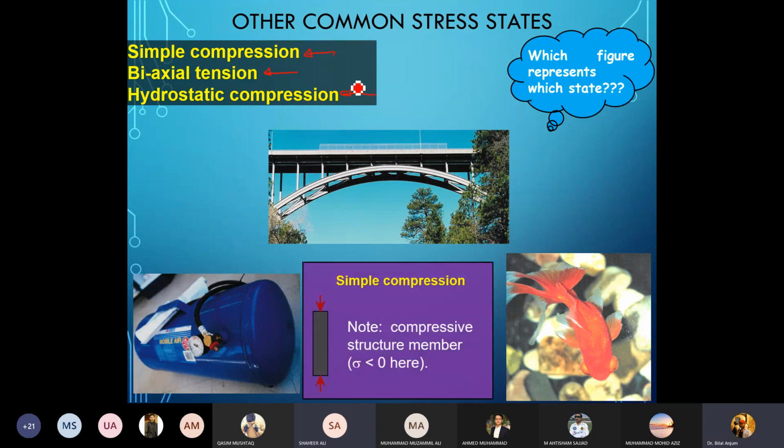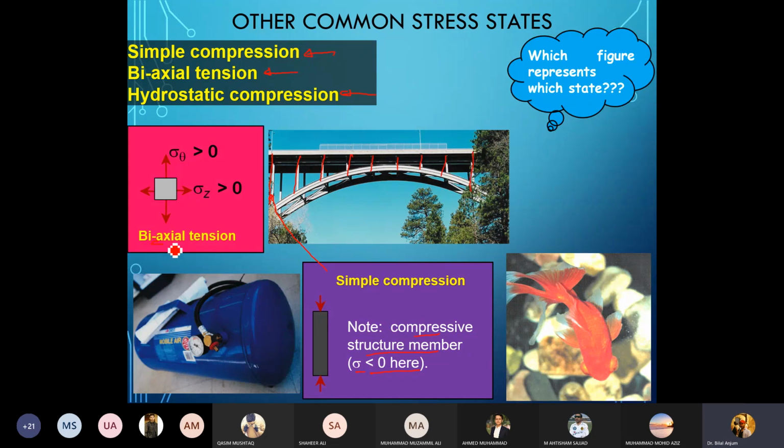Very good. So simple compression is where you have compressive load being applied. Note that for a compressive structural member, stress would be less than 0 since the direction is represented by a negative number. So if you see these bars, they are under compressive load. So simple compression is this one. Now biaxial tension is where you have stress acting in 2 directions and the stresses are greater than 0.